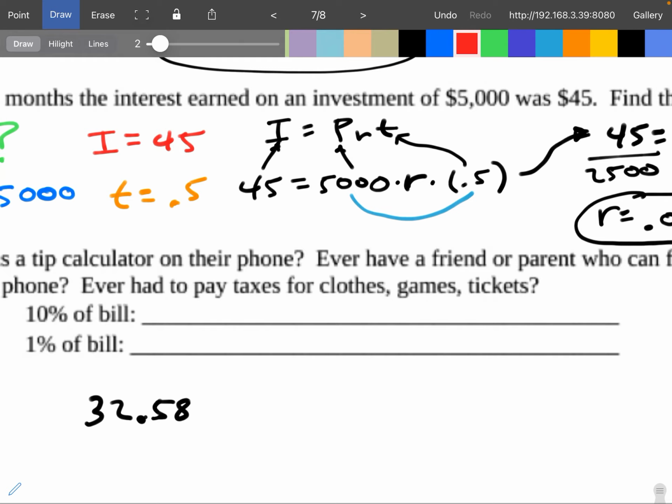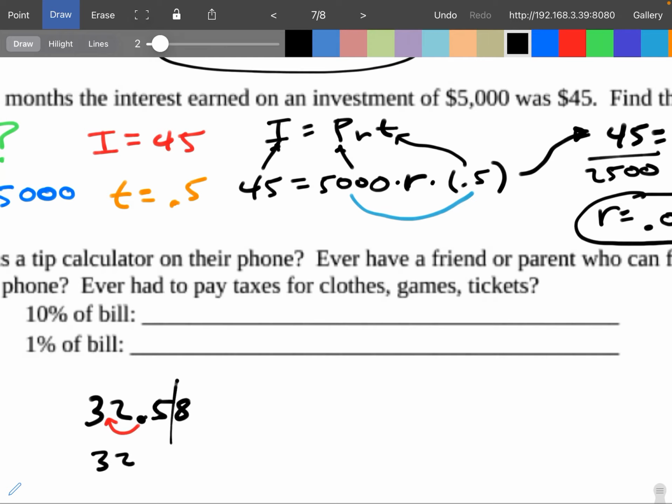Anybody know? Yeah, move the decimal one to the left. So if your bill was $32.58, all you got to do to find 10% of that number is just move that decimal one place to the left.